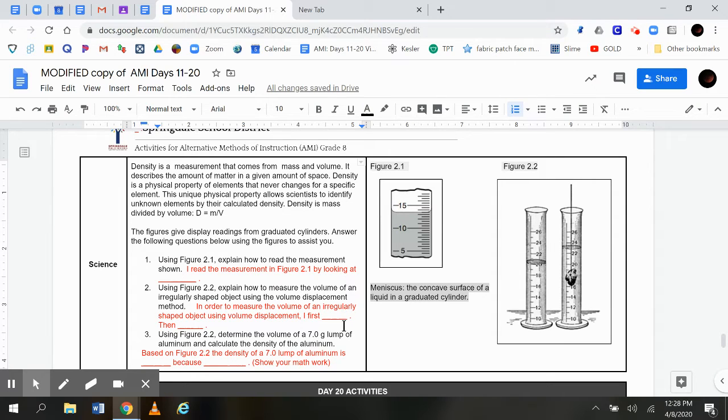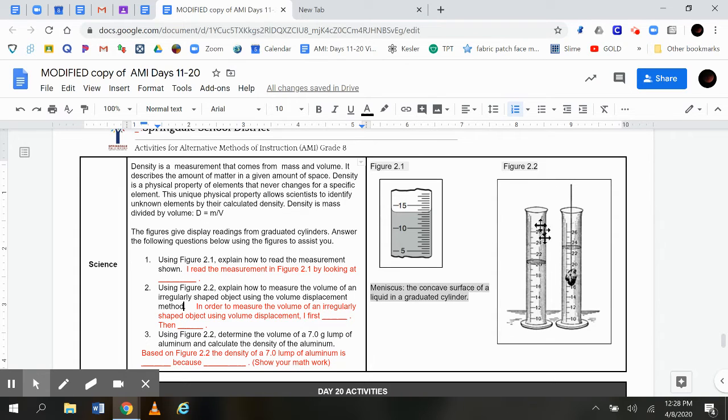All right, let's move on to number 2. Using figure 2.2, explain how to measure the volume of an irregularly shaped object using the volume displacement method. Let's take a look over here at figure 2.2.